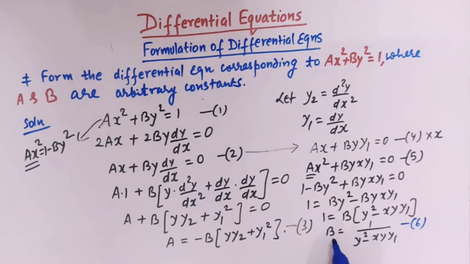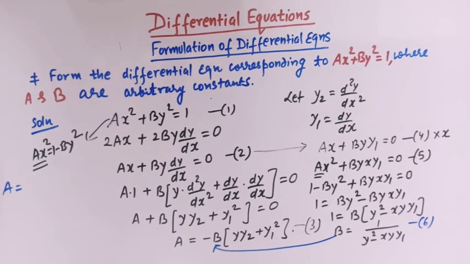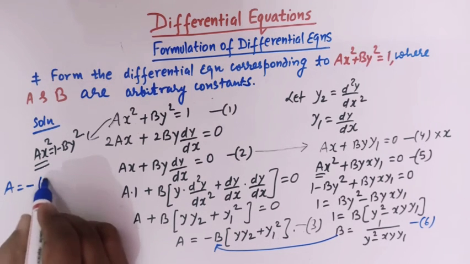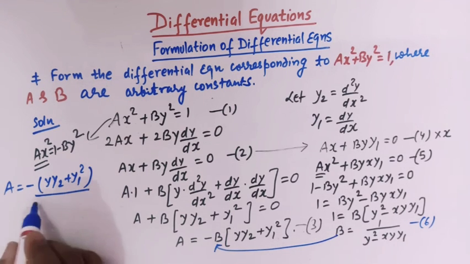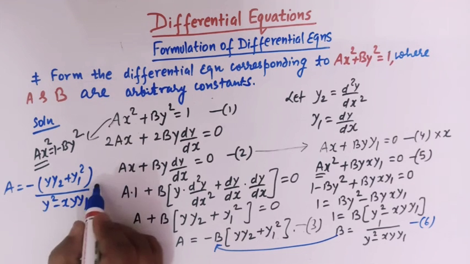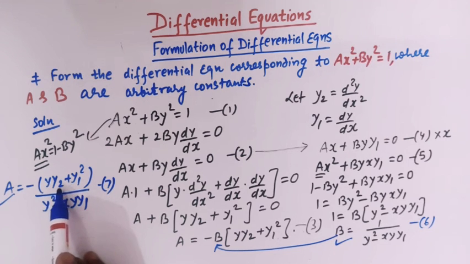Now let us substitute this value of b in equation number 3. So the value of a becomes equal to minus (y y2 + y1²) divided by (y² - x y y1), right? So we have now obtained the value of a and the value of b in terms of x, y, y1 and y2.